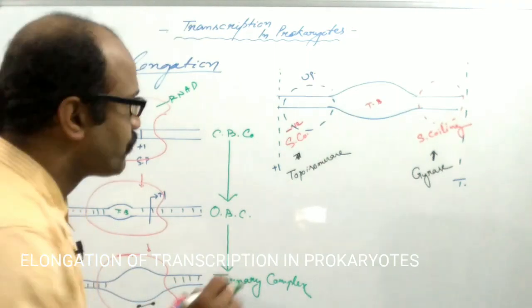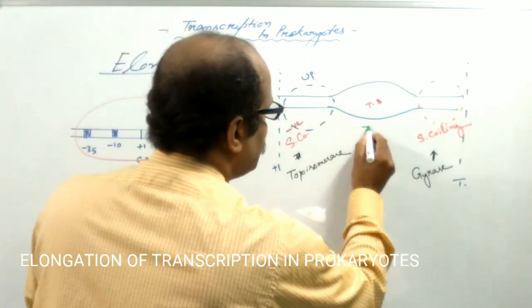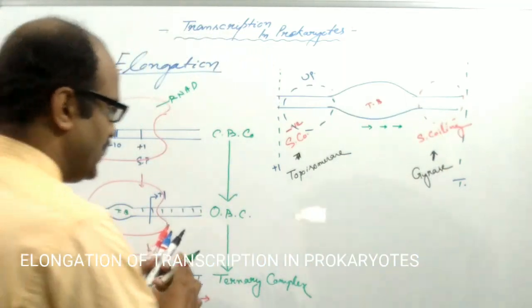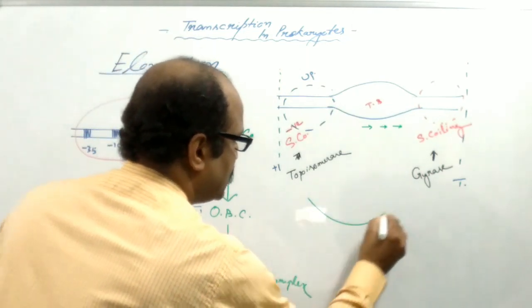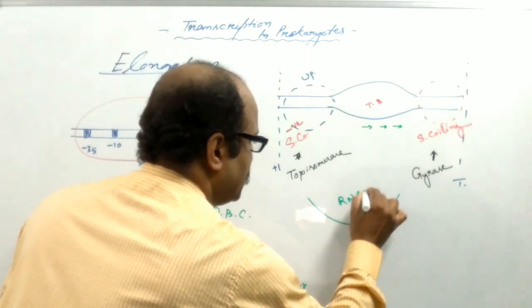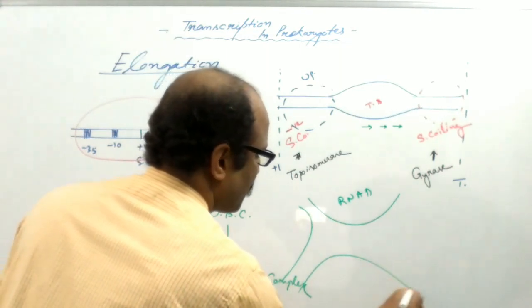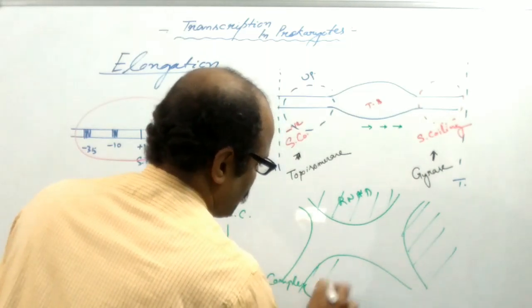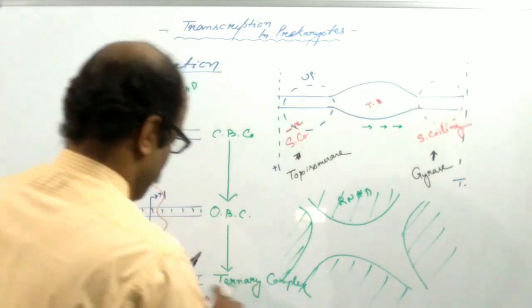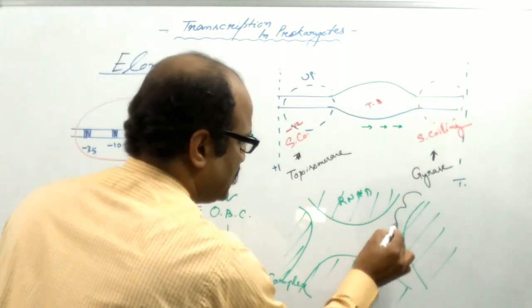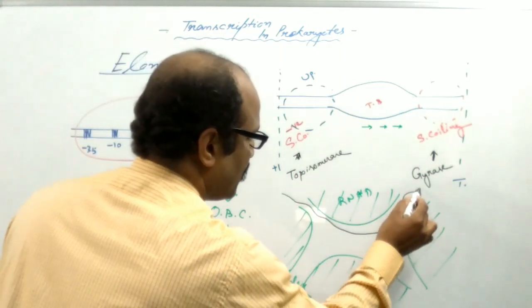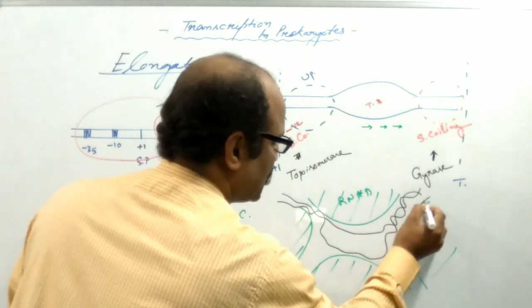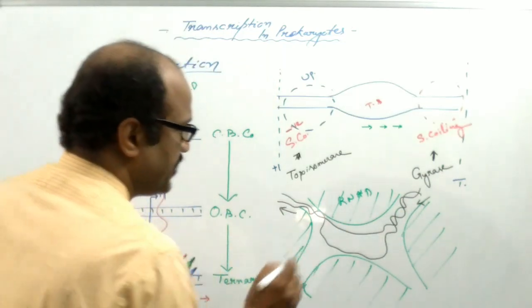At any time, with the continuous movement of the transcription bubble, suppose that this is the RNA polymerase enzyme and this is the DNA strand. This is the template strand, this is the downstream DNA strand, this is the upstream DNA strand.